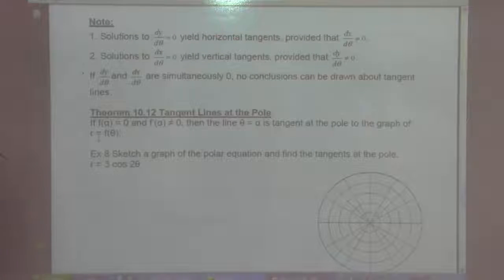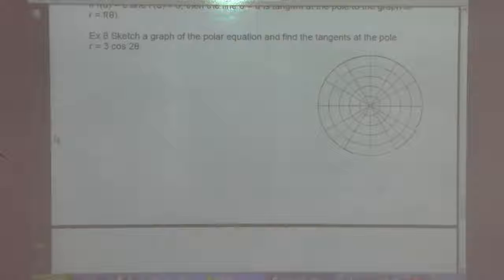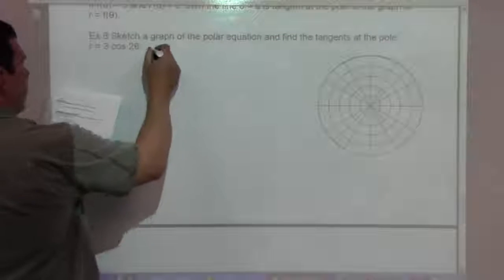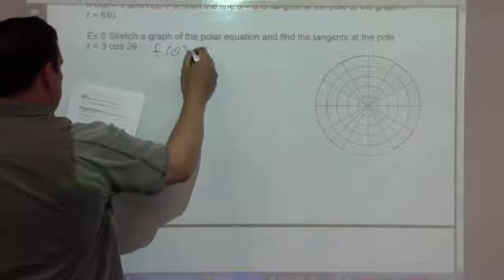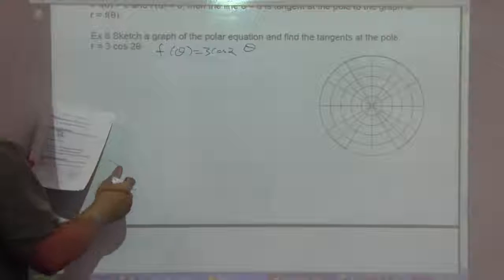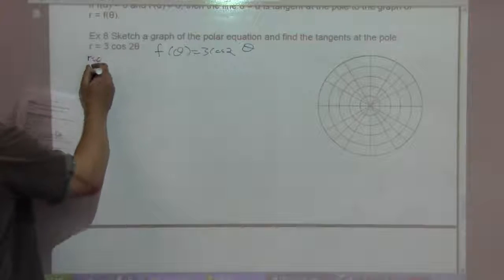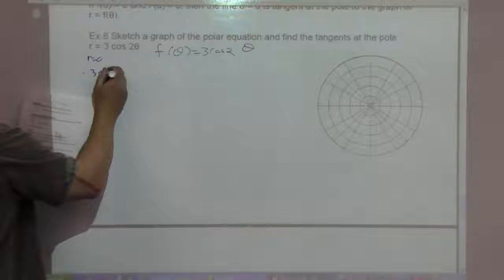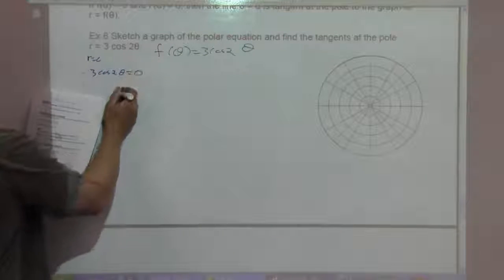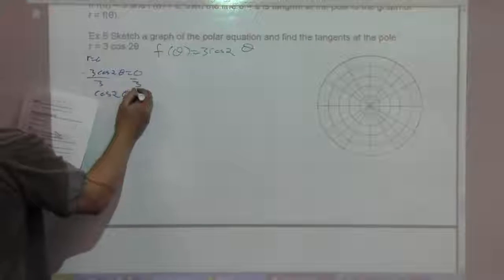So example 8, sketch a graph of the polar equation and find the tangents at the pole. R equals 3 cosine 2 theta. So we're saying that f of theta is 3 cosine 2 theta. Now we're looking at whenever r is 0. So looking at 3 cosine 2 theta equals 0. If we divide both sides by 3, cosine 2 theta equals 0.